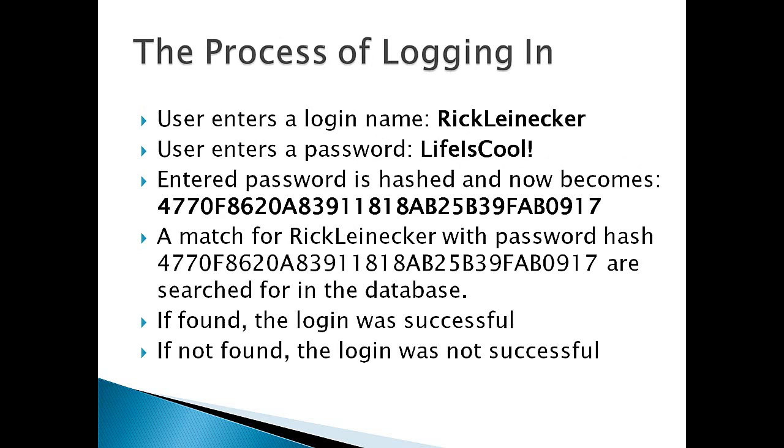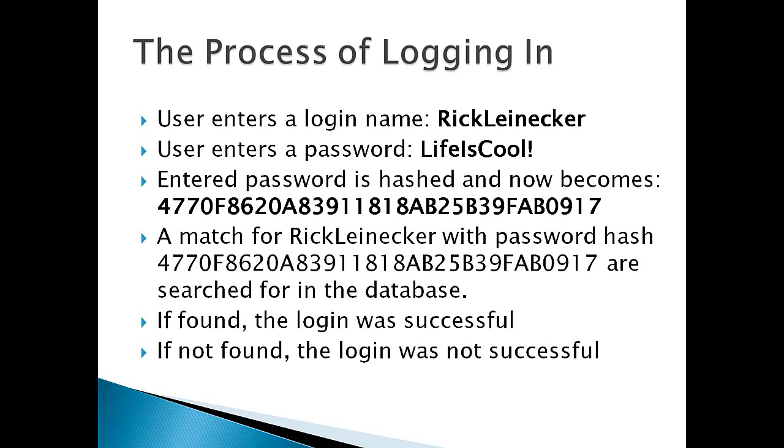So here's the process of logging in. A user enters a login name, such as Rick Lineker, and I should make a note that normally login names are not case sensitive. Then a user might enter a password, LifeIsCool exclamation. Now I need to point out that passwords are case sensitive.